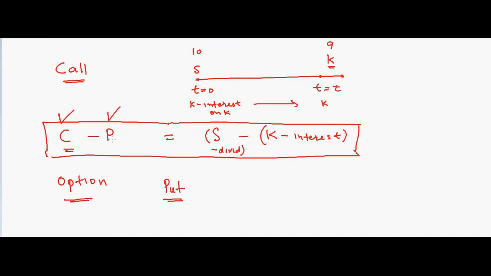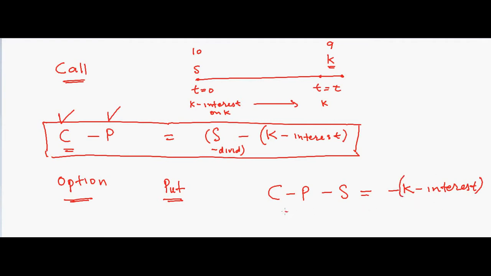We can do the same thing for the put option. In that case, we buy the call, sell the put, and also sell the stock, and that will be equal to minus K minus interest, right?